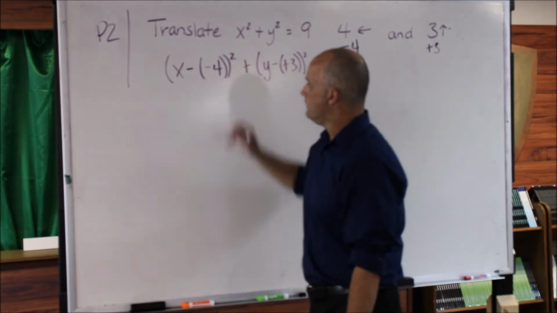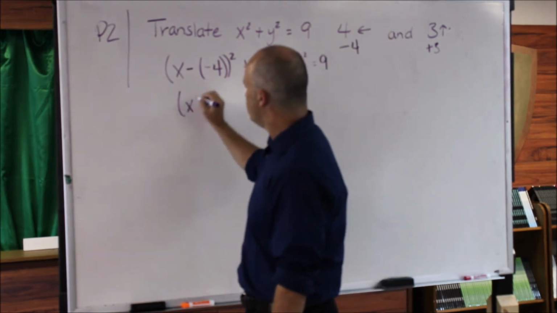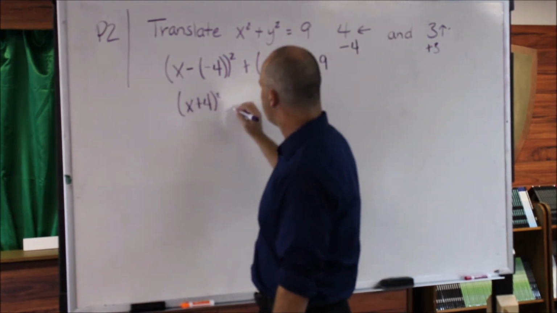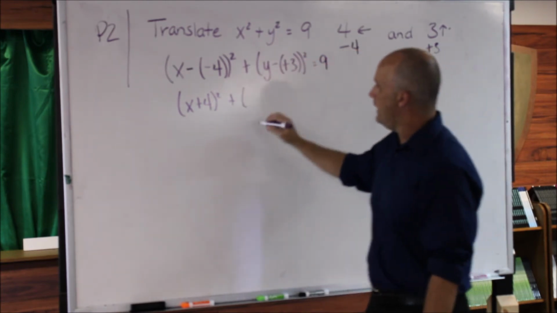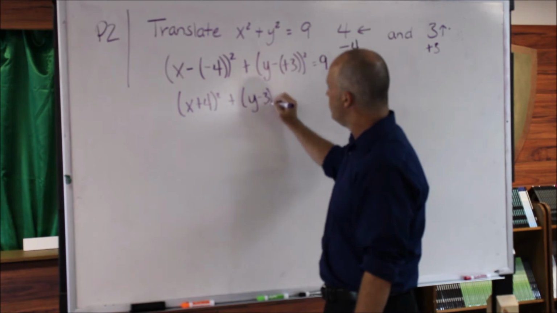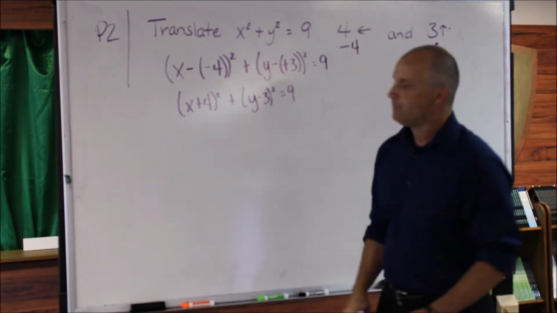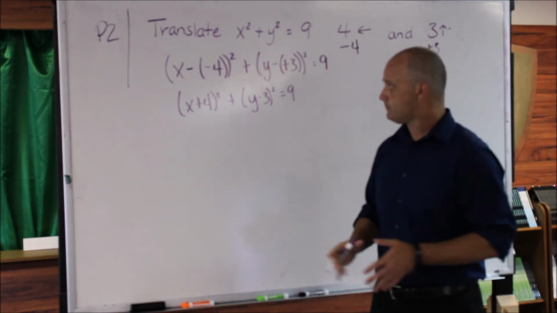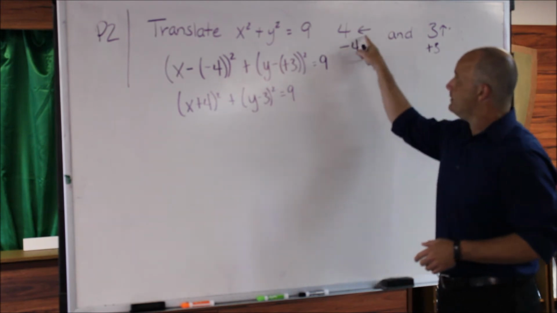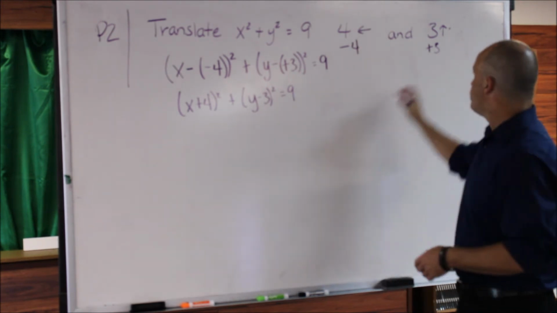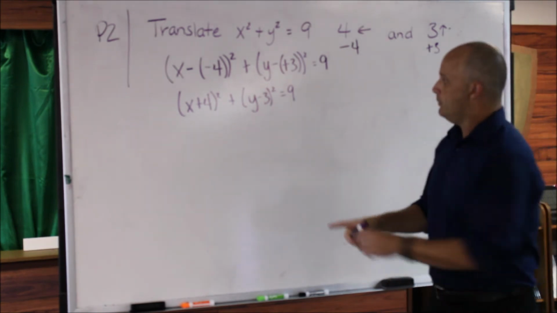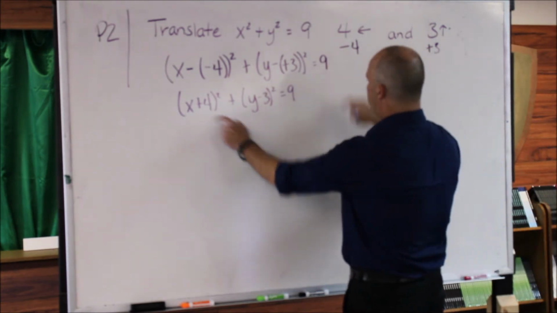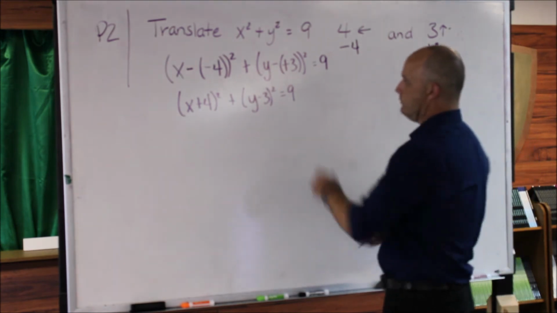So x minus negative 4 gives us x plus 4. So x plus 4 squared plus, negative times a positive is a negative, so y minus 3 squared equals 9. Now what you're going to notice is this. We know that translating left means negative 4, and translating up means positive 3 in this case. But you notice here, we went from a negative to a positive, and we went from a positive to a negative.